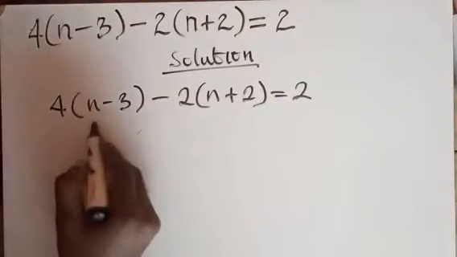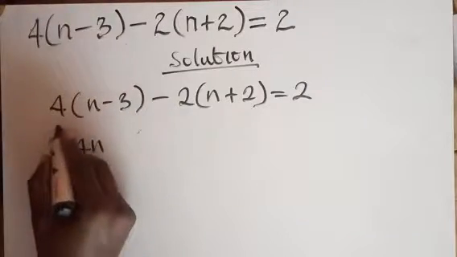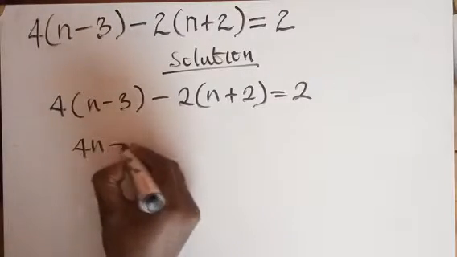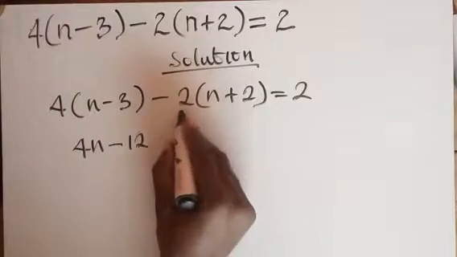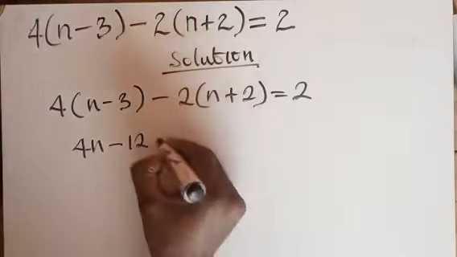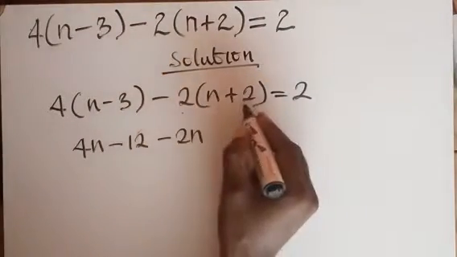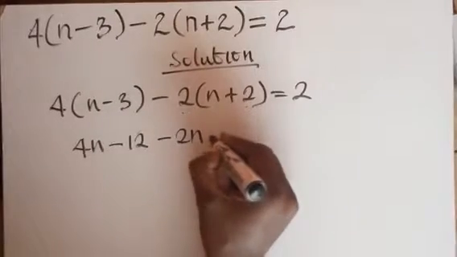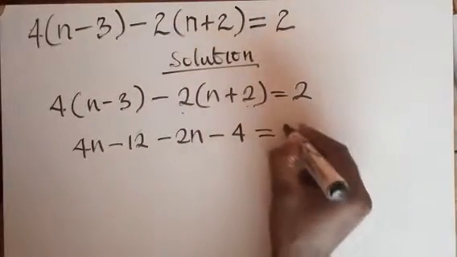So 4 times n will give me 4n. Then 4 times negative 3 will give me minus 12. Negative 2 times n will give me negative 2n. Negative 2 times 2 will give me negative 4. This one equals to 2.